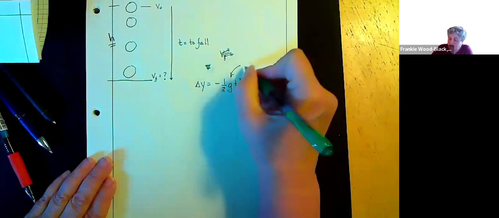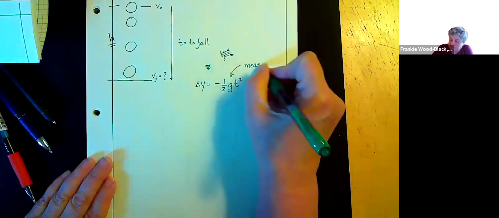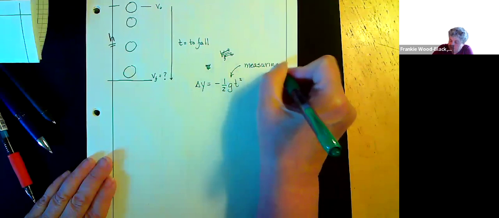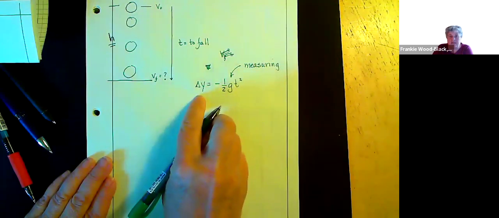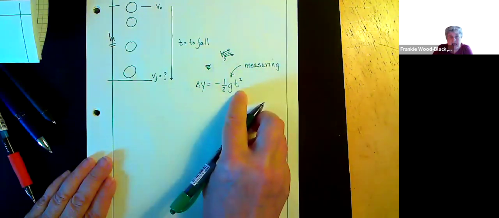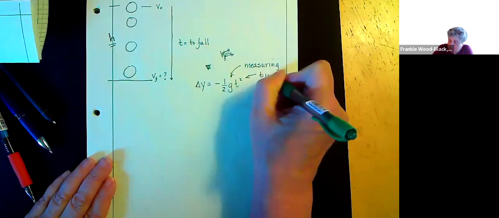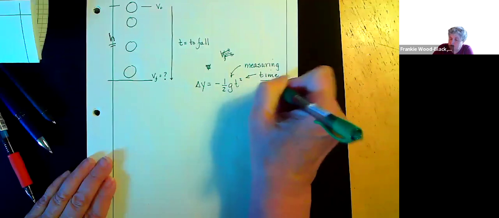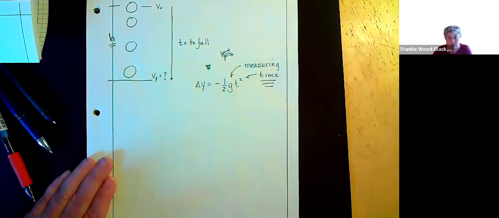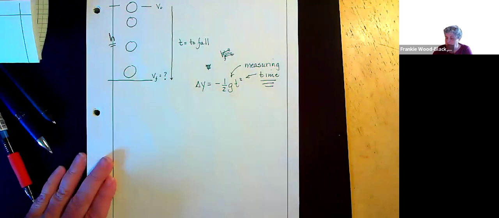I'm measuring gravity now. I know my height. I know my time. And I want to caution you about this time. When you do your experiment that we're going to talk about tomorrow, you want to make sure that whatever time value you're getting makes sense. And that'll become a little clearer when we talk about the experiment.